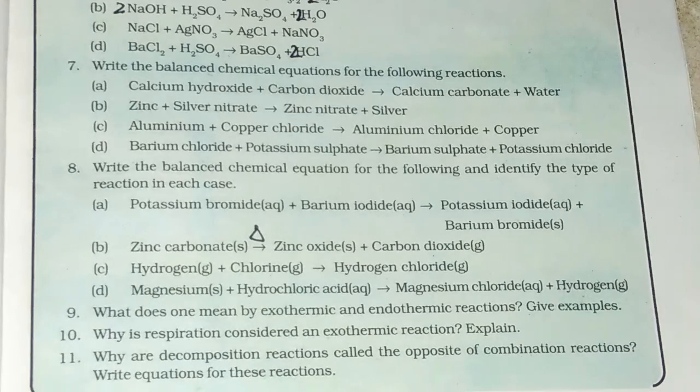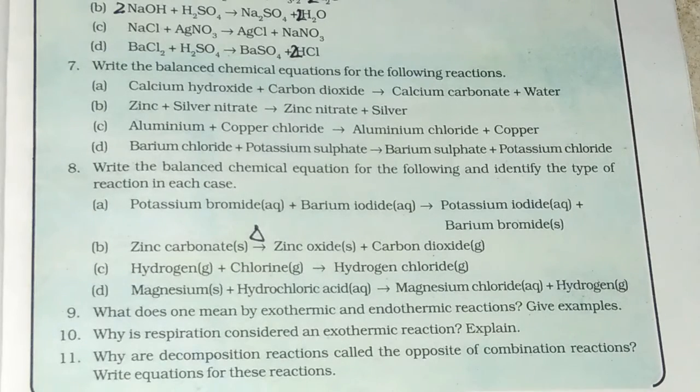As you have learnt in your biology lessons, respiration is nothing but the food material, whatever we have taken, reacting with oxygen and converting that into energy. So here, as energy is produced, we are saying this respiration reaction is an exothermic reaction.